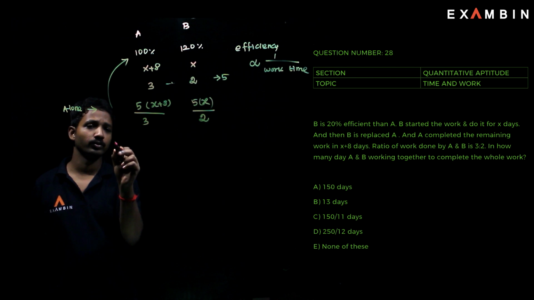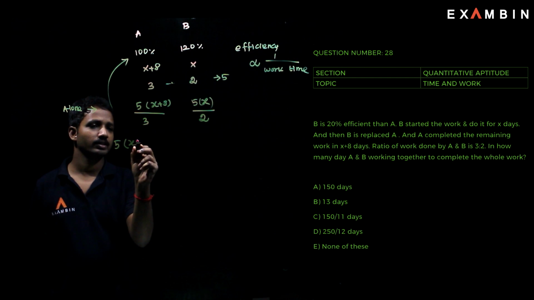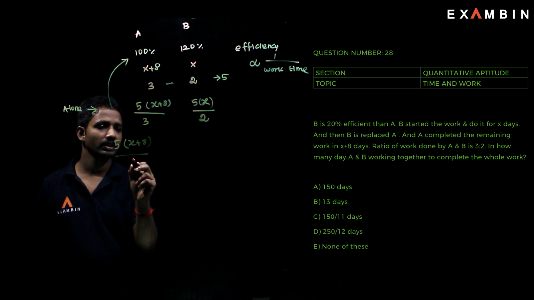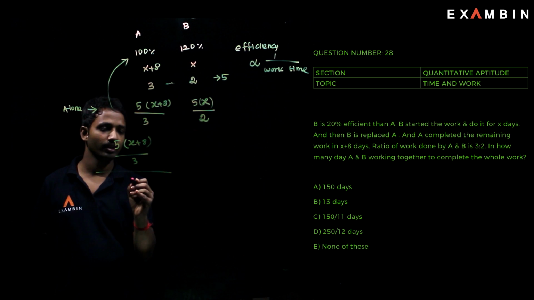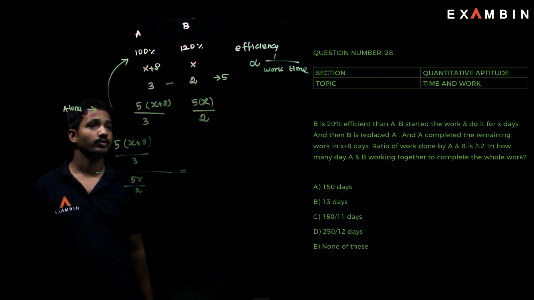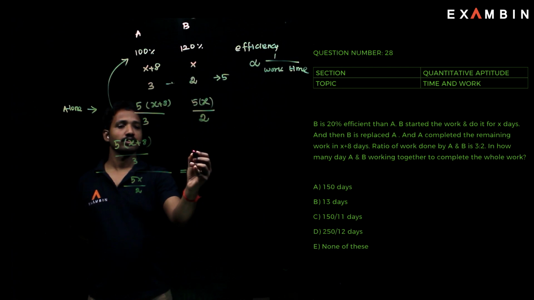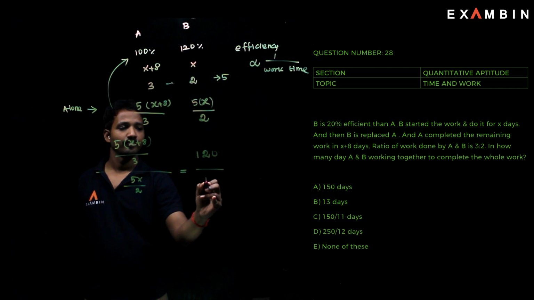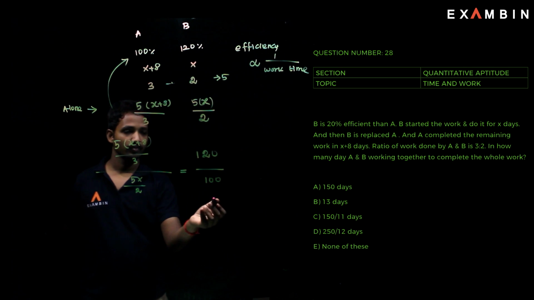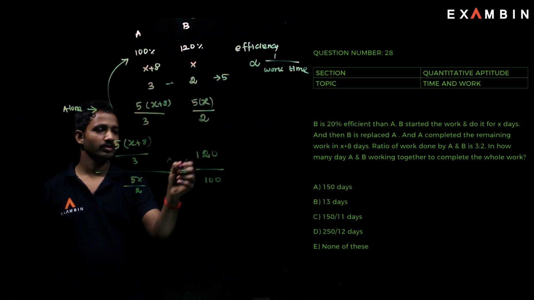So here we will do 5 into X plus 8 divided by 3, the whole divided by 5x by 2, is equal to, this is inversely proportional, so I'm just flipping those, 120 by 100. So cross multiplication.